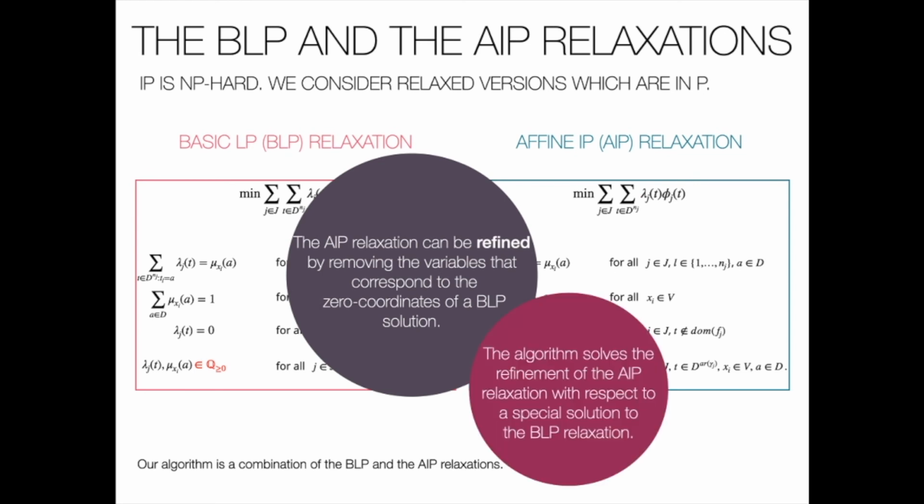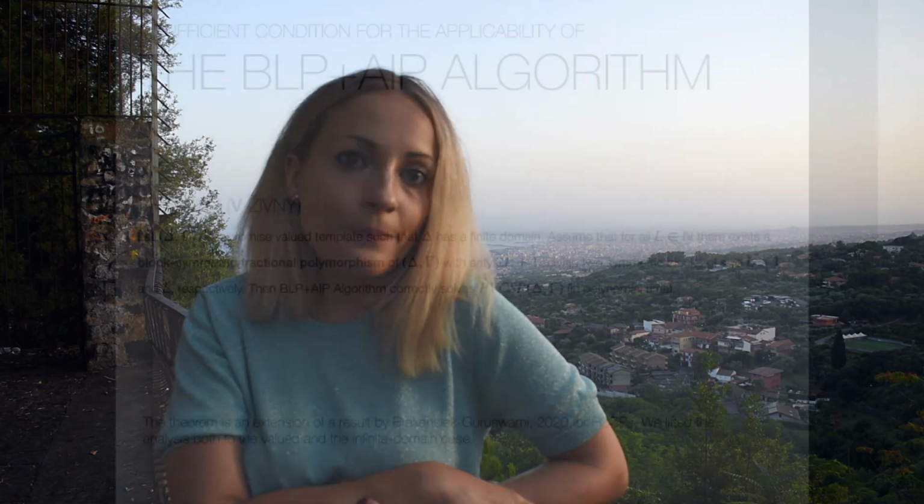Our algorithm solves the refinement of the AIP relaxation with respect to a special solution to the BLP relaxation. We would like to know which promise valued constraint satisfaction problems on infinite domains are correctly solved by the BLP+AIP algorithm. We answered this question in terms of algebraic properties of the promise valued template.